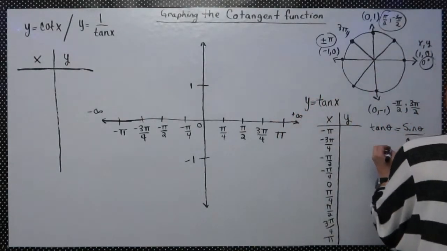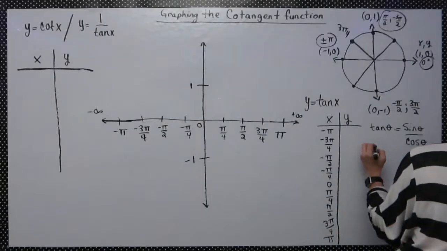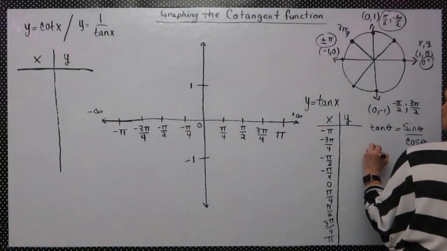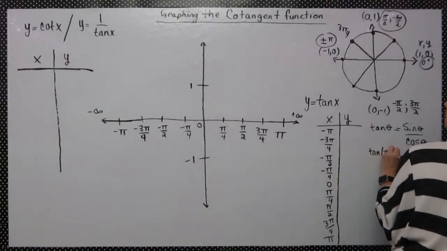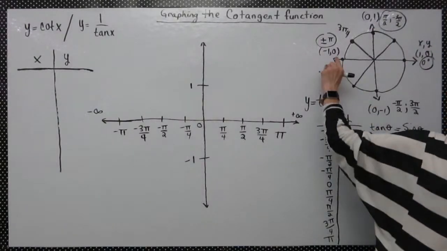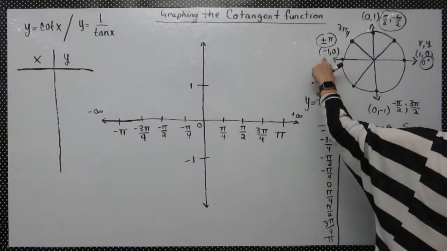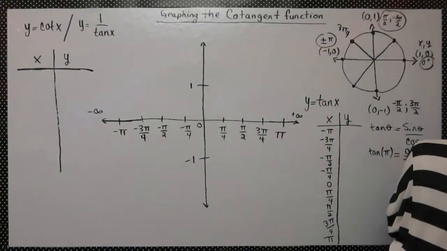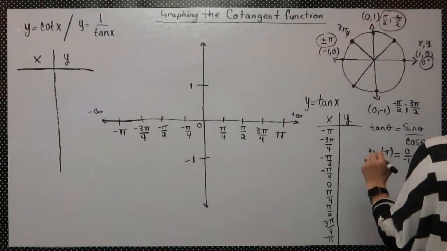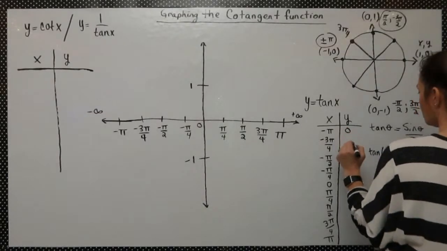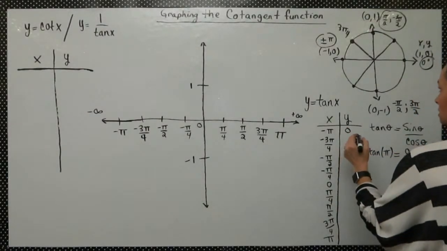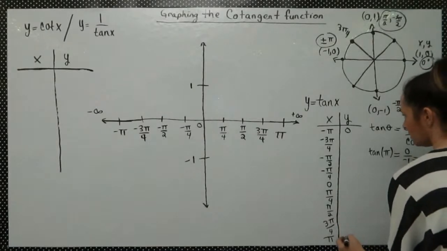All right. And then we're just going to recall those values. We're going to evaluate the tangent function here at pi. So tan of pi is 0 over negative 1, which is 0. So we can put 0 in at pi, and we can also put it at positive pi.